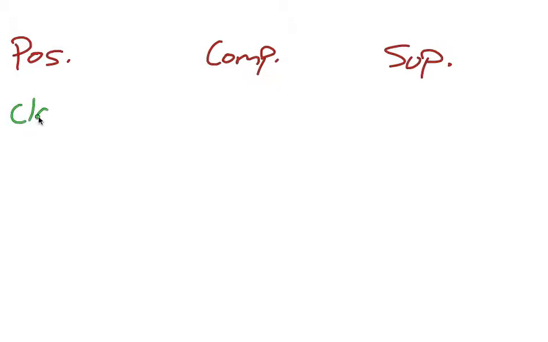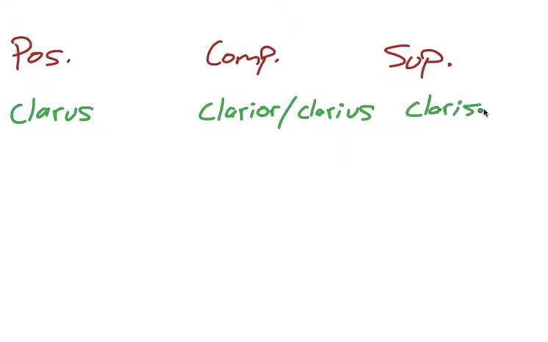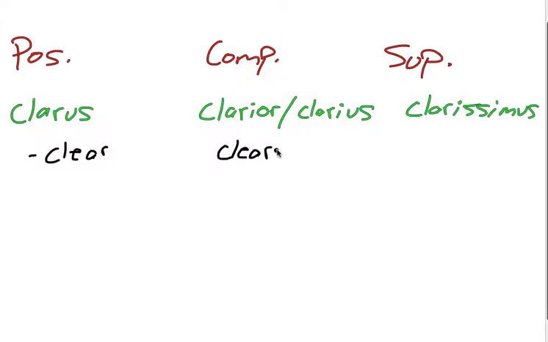So clarus, and then the comparative would be clarior, or the neuter clarius, and then the superlative would be clarissimus. And if I were translating that, clarus would be clear, clarior, clearer, and clarissimus, clearest.